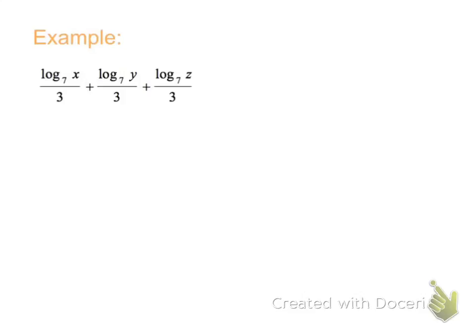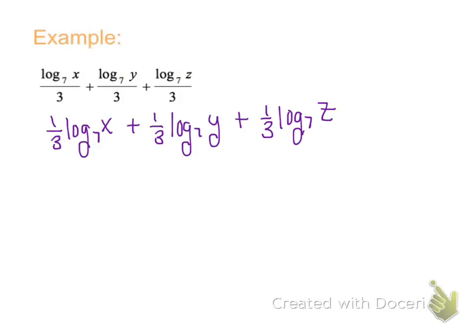So here's another example that looks a little bit more complicated than the first. But really what you can do is, instead of it being written as dividing by 3, you can change all of that so it's written as a 1/3 being multiplied by each one of those logarithms. So I can just pull that 1/3 out in the front.